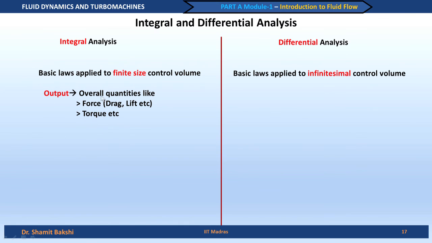These overall quantities are the parameters of interest, whereas in differential analysis, because we have taken very small control volumes, we can get the flow field. We can get the velocity field, the pressure field, the temperature field, and so forth.